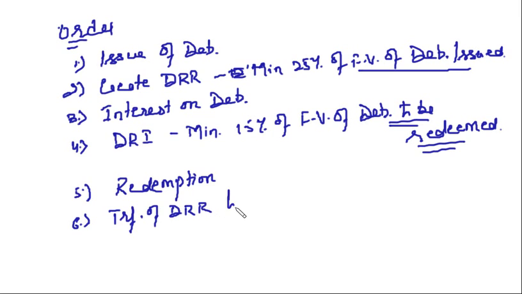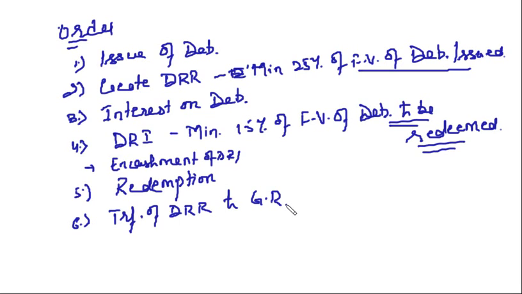Here you have DRI, then in case you encash this, you will have the entry of encashment of DRI. Then the last is transfer of DRR to general reserve. So basically this is the order that you have to follow. First, entries for issue of debentures. Then you have to create DRR that has to be minimum 25% of the face value of debentures issued.